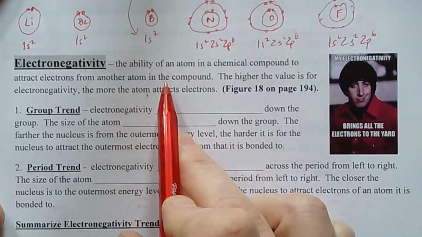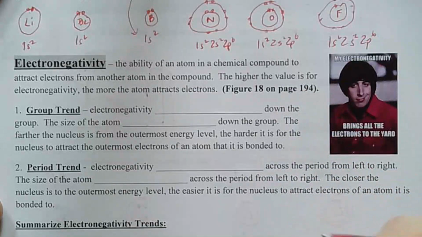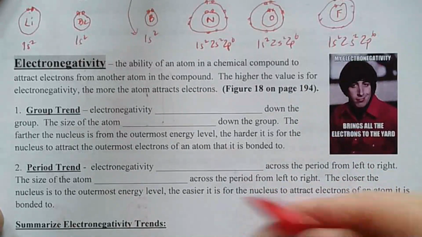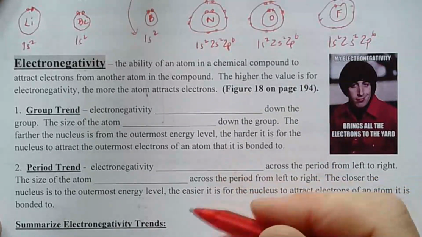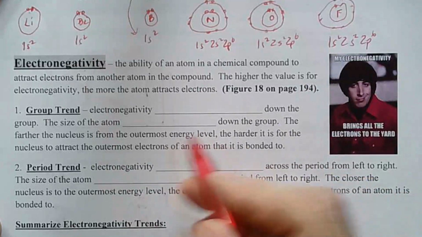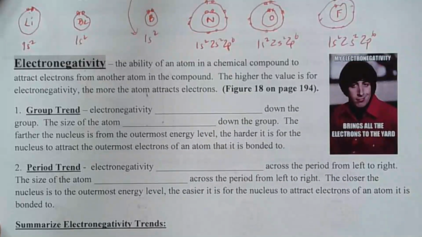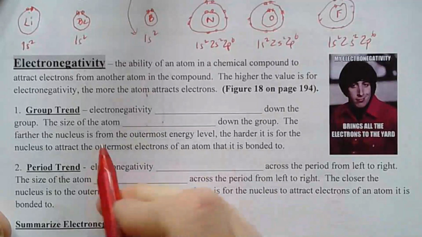Whereas if the force of attraction between the nucleus and its outermost electrons is very high, that means it's also going to have a much greater impact in being able to affect or attract those electrons from another atom.